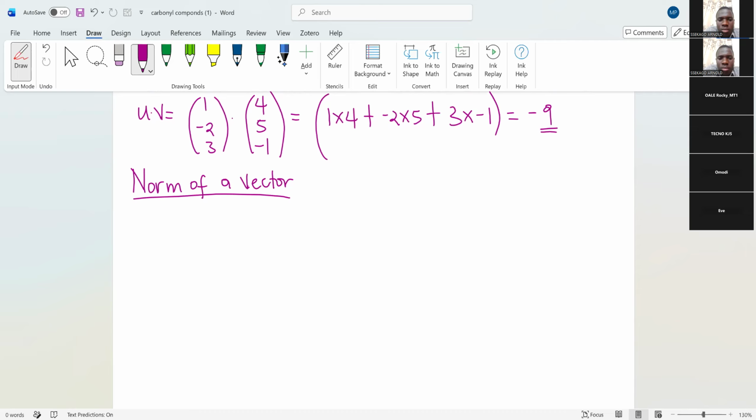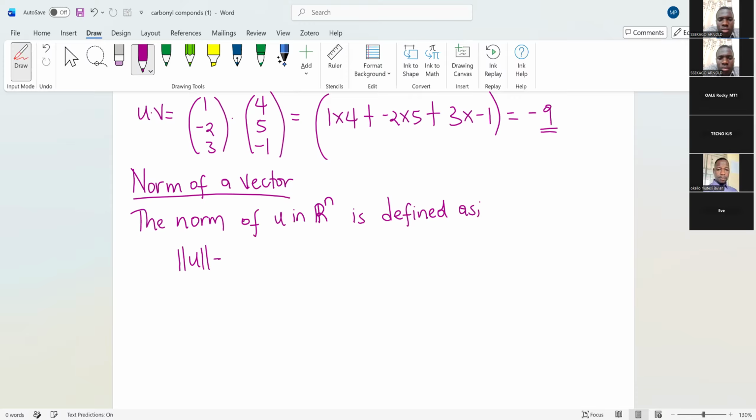Still, I'm going to take my example above of u, and say that the norm of u in Rn, recall that u was in Rn, is defined as the square root of the dot product of u dot u, and is equal to the square root of a1 squared plus a2 squared up to an squared.